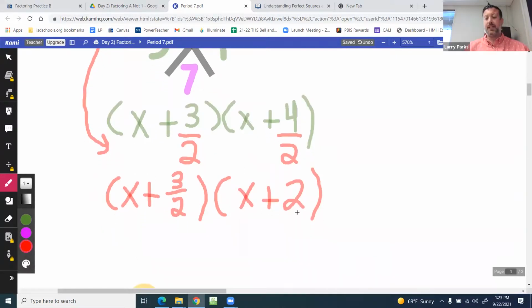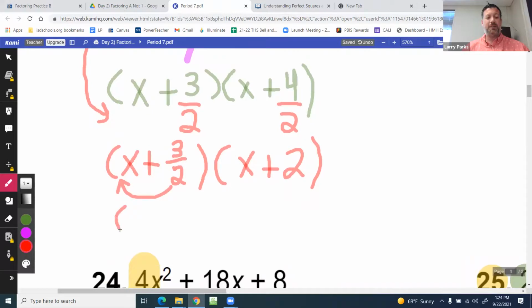Now there's nothing to slide here. I mean, you could think of that as over 1, slide the 1 to the front, but there's no point. But here, you never write this as a fraction. So you're going to take that 2 and you're going to slide it to the front. So you get 2x plus 3 and x plus 2.